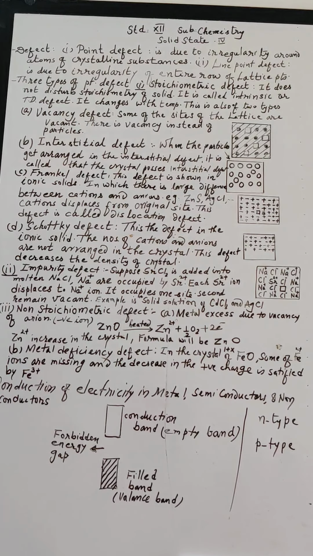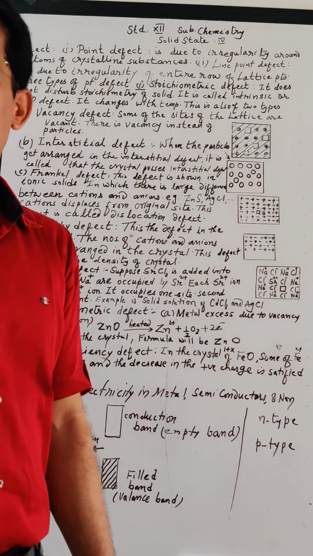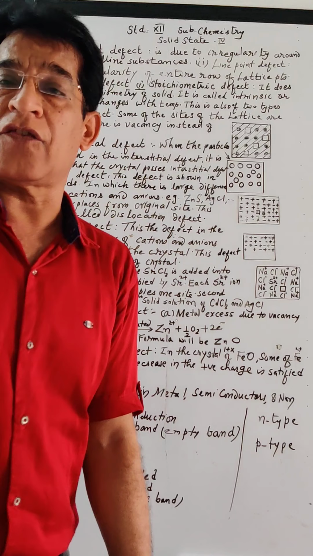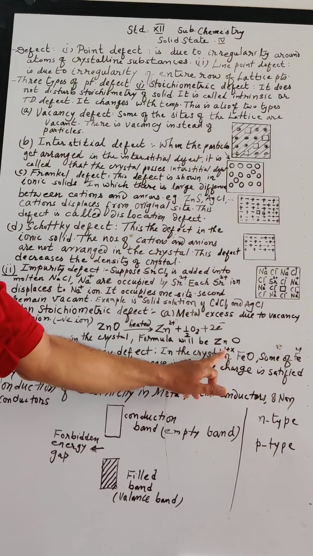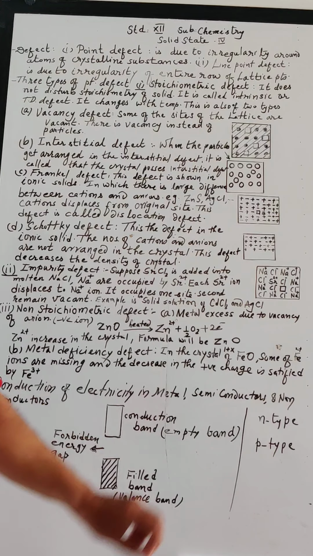Zn2+ ions increase in the crystal, and so its formula will be Zn(1+x)O.